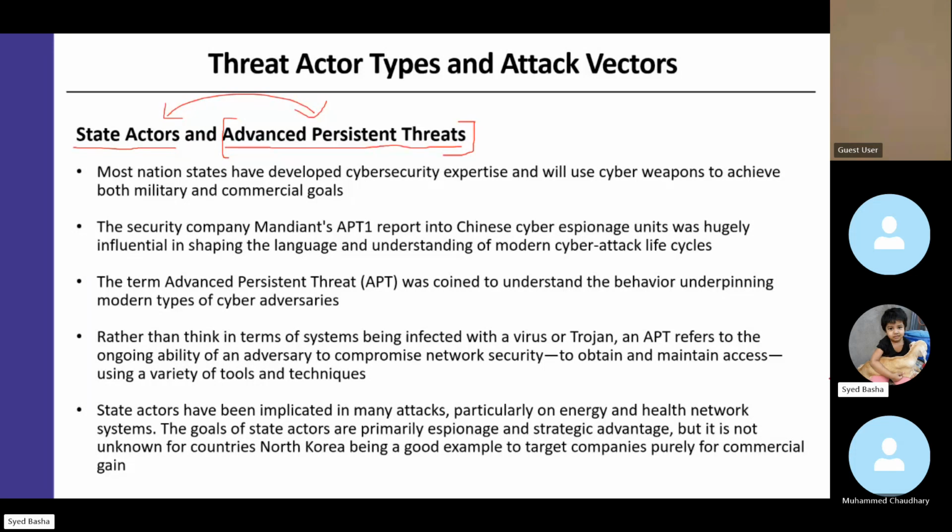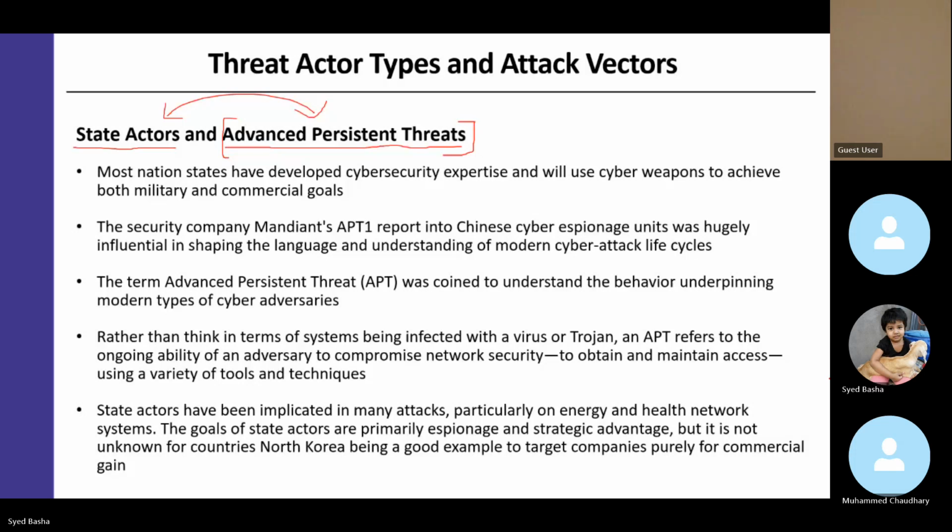This is something called an advanced persistent threat, or advanced persistent attack. It's not like the way we think. There are some attacks which can unfold in a day or two, but there are many attacks which take place after at least 6 months or a year.